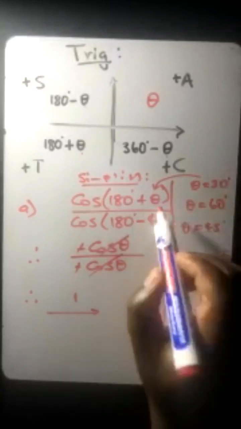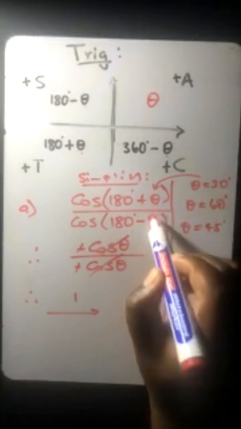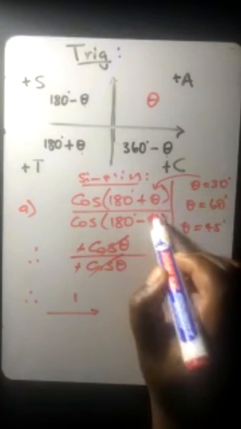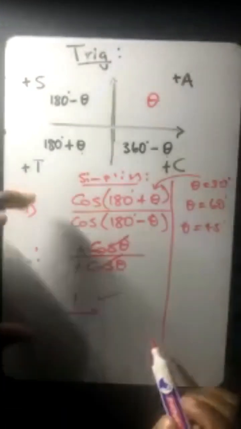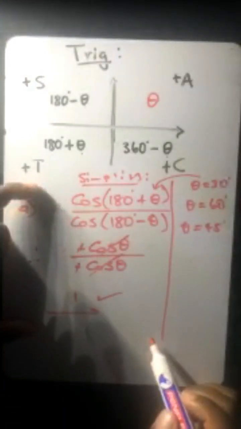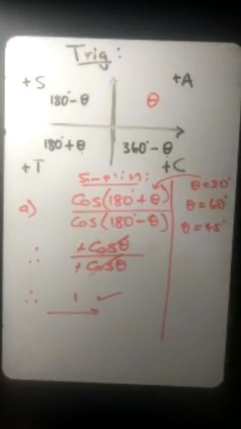So substitute 30 there and there, 60 there and there, 45 there and there. It must give you 1. If it doesn't give you 1, it means you calculated incorrectly. You've done something wrong somewhere. So let's quickly do that and let me know if it gives you 1.